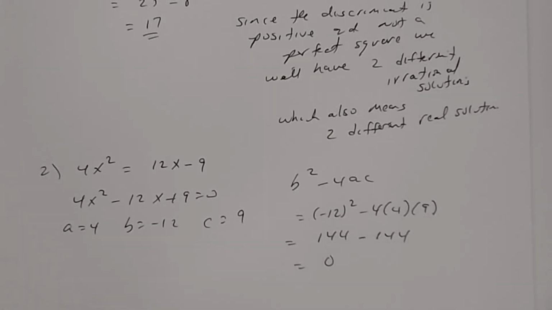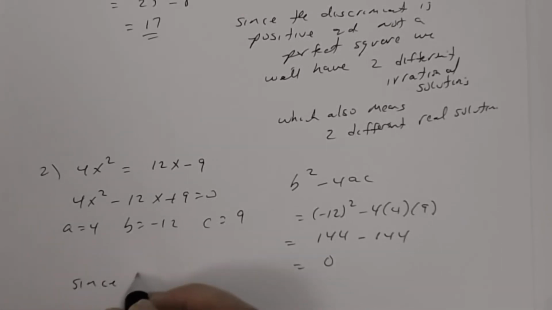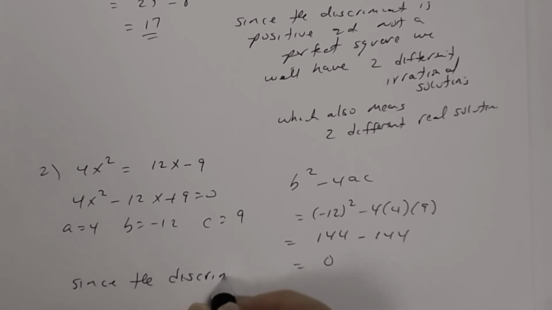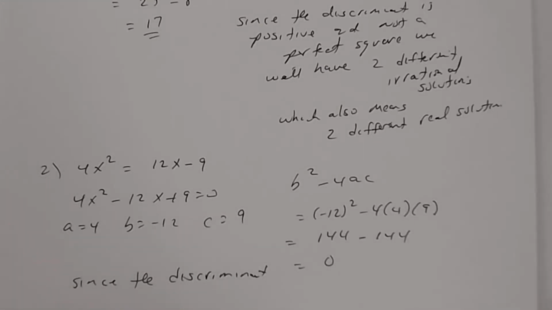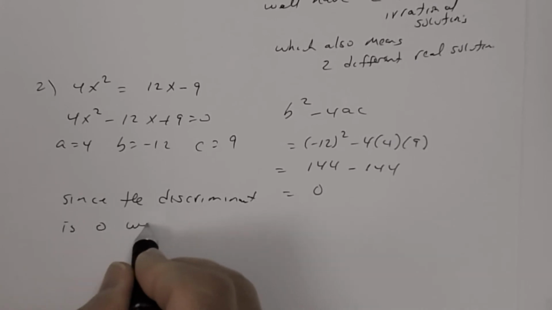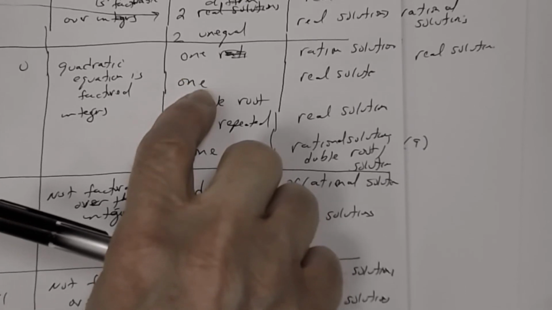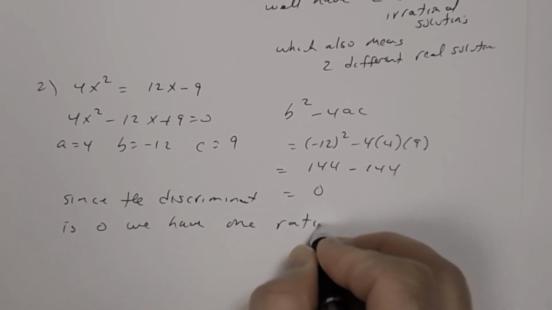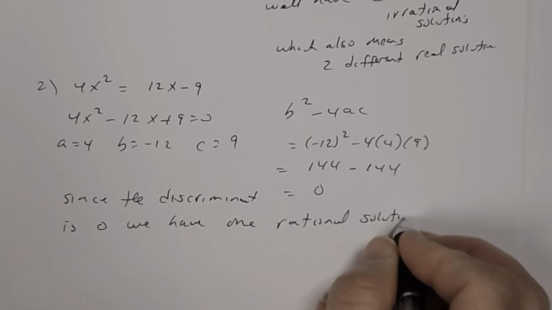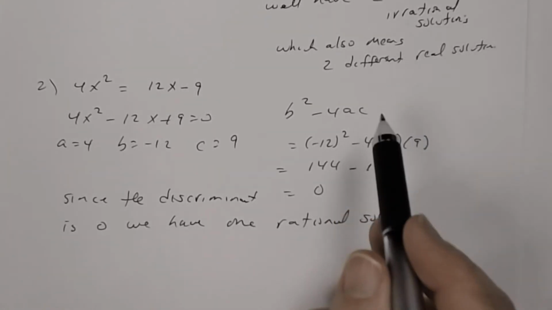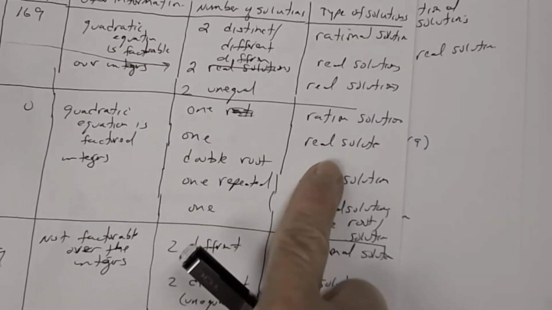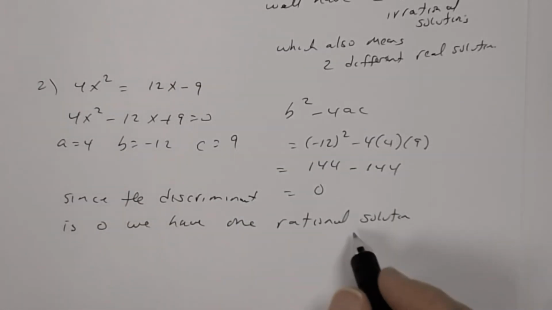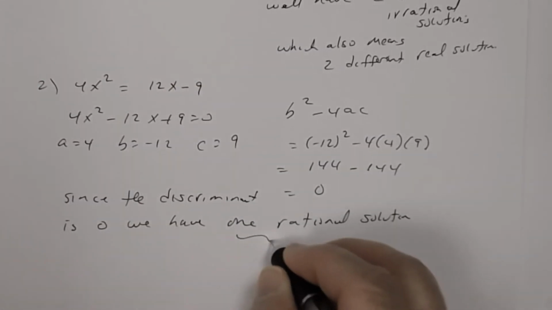So since the discriminant is 0, we have one rational solution. Now remember, a rational number and an irrational number are real, so you may see one real solution as well. All right, one rational solution. Remember, it's also called a double root. So this is a double root.